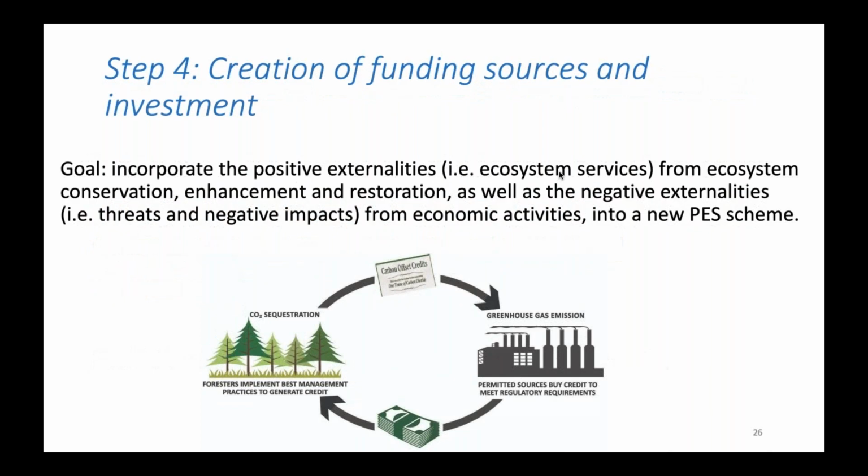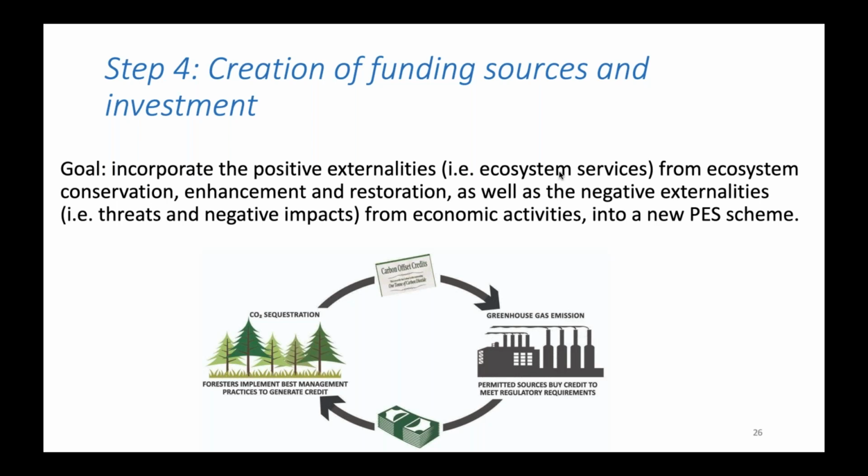The next step, then, once you have all the ecosystem services, and which threats are having an impact on the ecosystem that you selected, then comes sort of the core, or one of the core steps of the scheme, which is the creation of the funding sources and the investment.